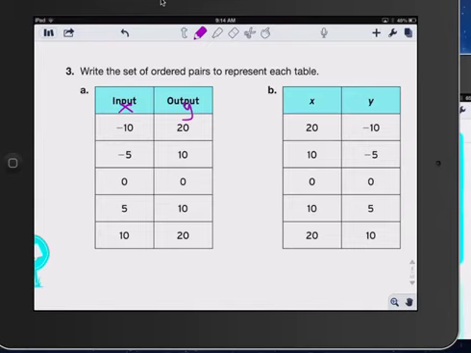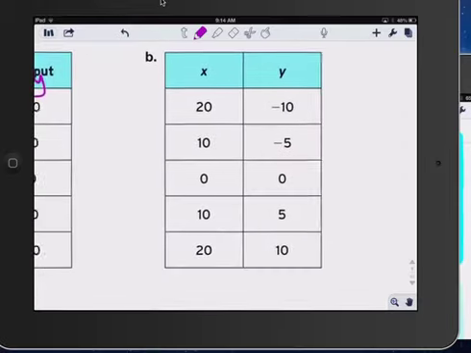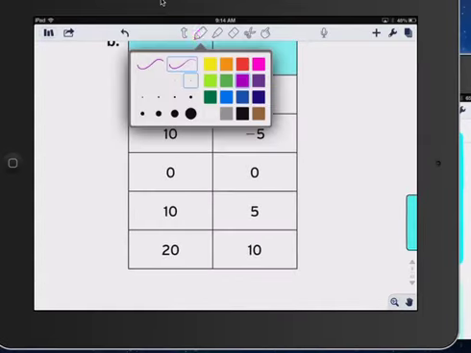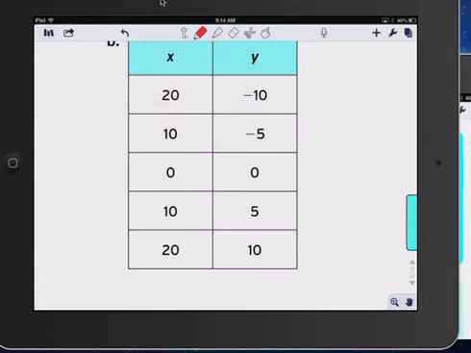Okay. Most of you are correct. B is not a function.